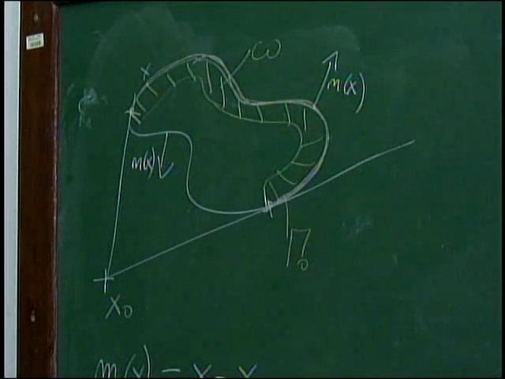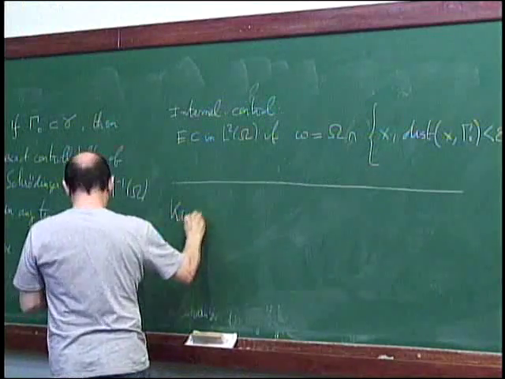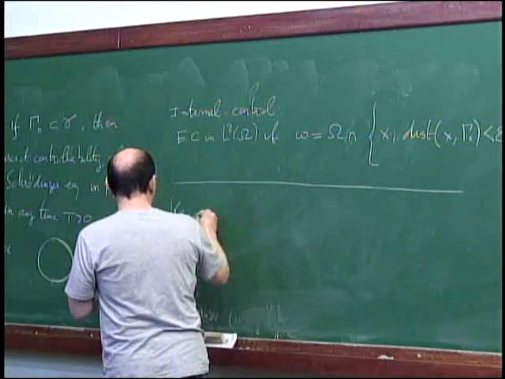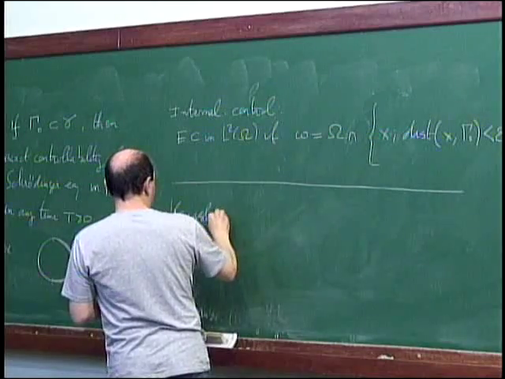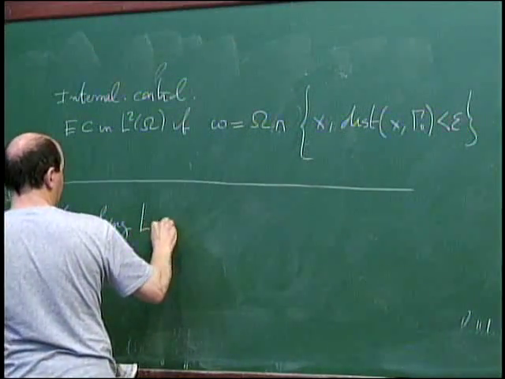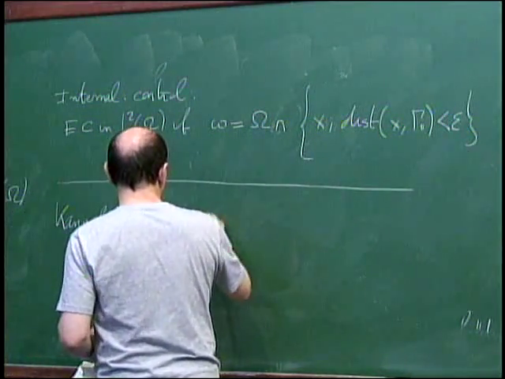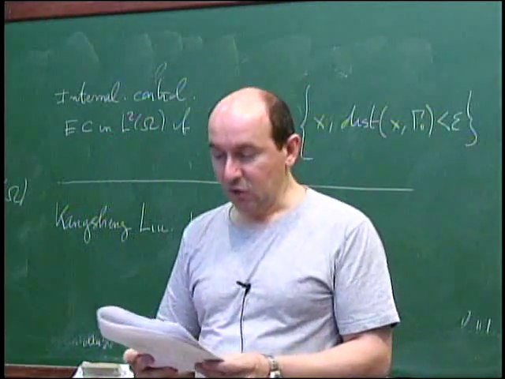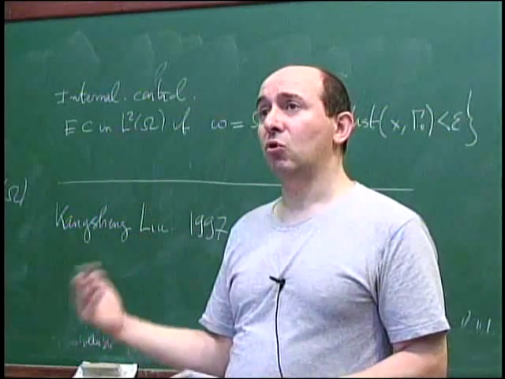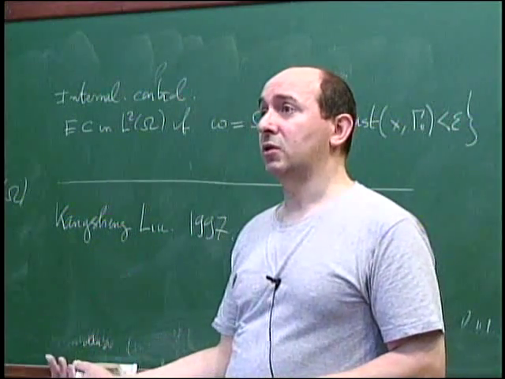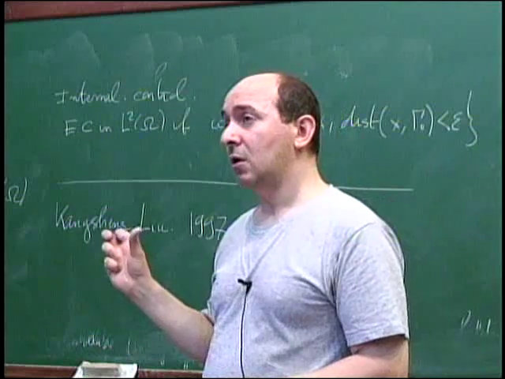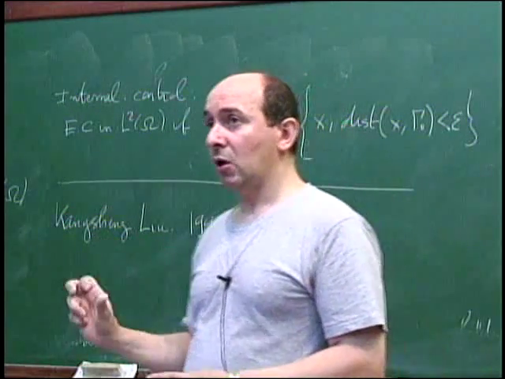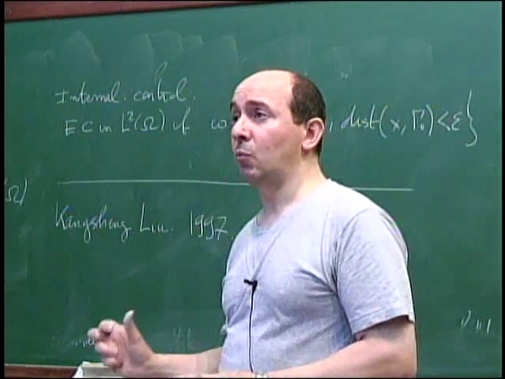Okay, so some extensions were provided also by Kengsheng Yu in 1997. So I will not write the result, but it tells you that if the wave equation is controllable, then the Schrödinger equation is controllable, and also that the controllability of the Schrödinger equation is equivalent to the controllability of the plate equation.